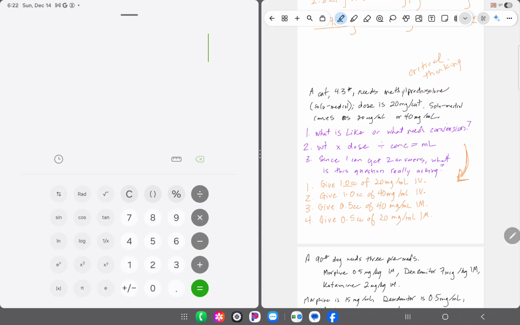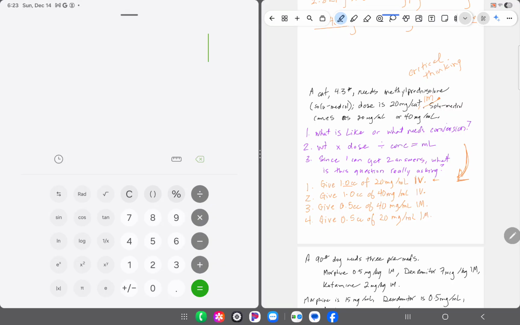You know what? I missed a part when I was writing this out. Shame on me. No wonder that didn't make sense to me. Period over here. So 20 mg per cat, it has to go IM. Now it's going to make sense because this first answer said IV. Great, we can throw that answer out because it said IV.